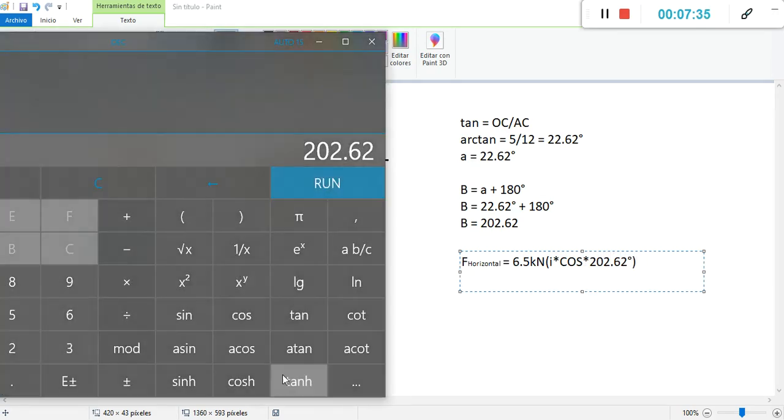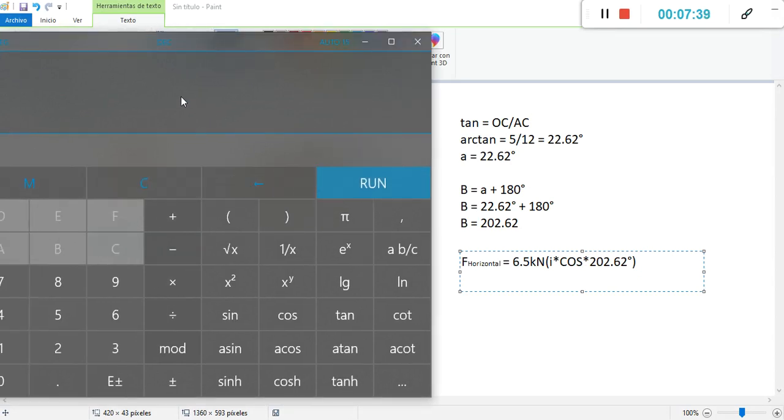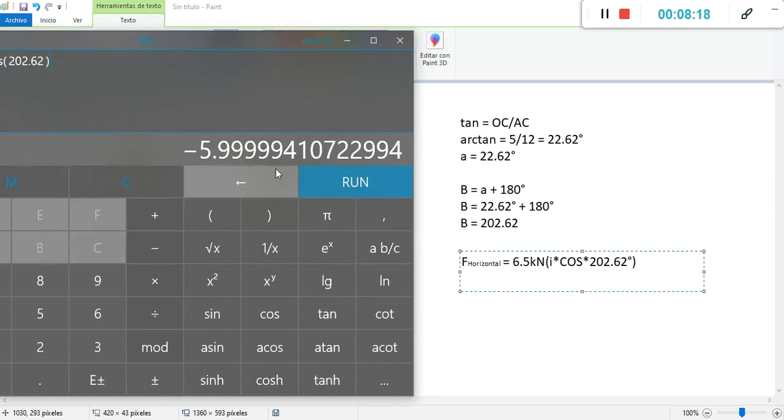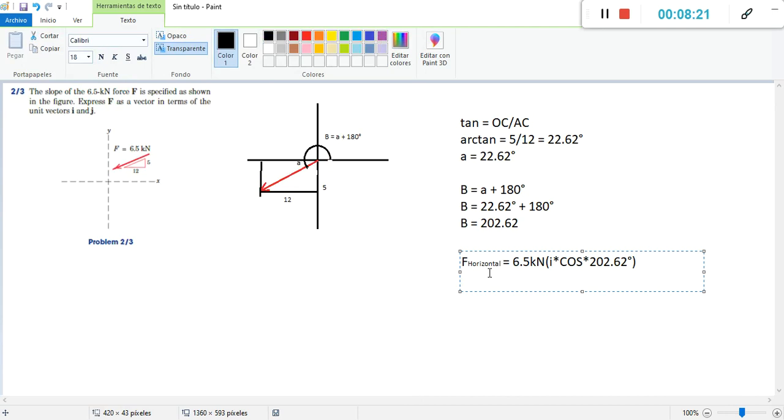I'm going to make the calculation. 6.5 times cosine of 202.62 degrees, and that gives negative 5.9099.